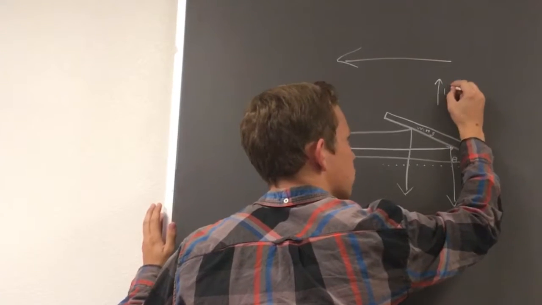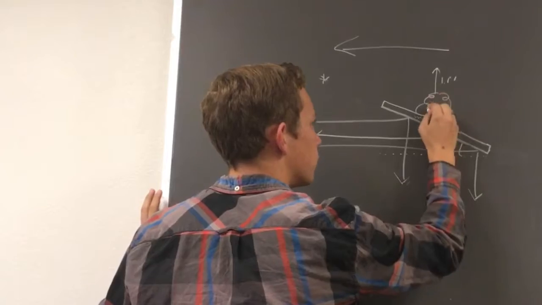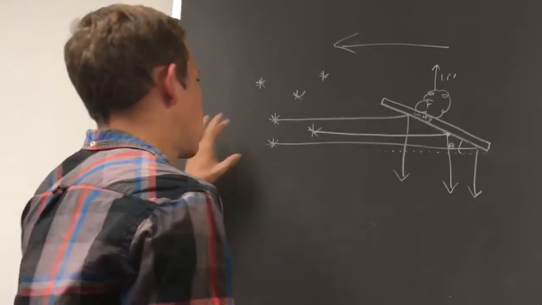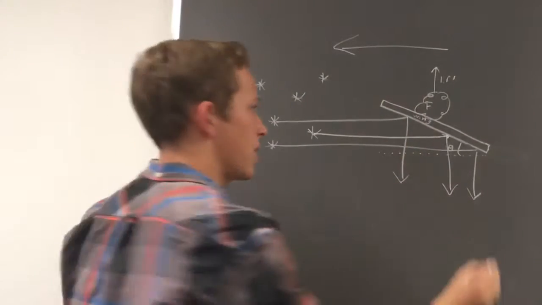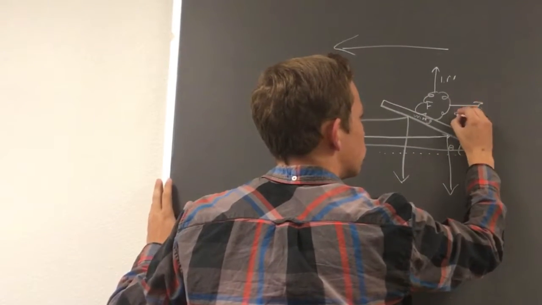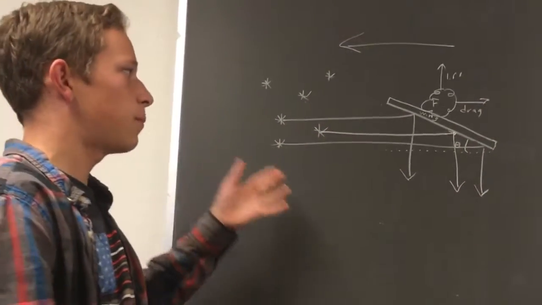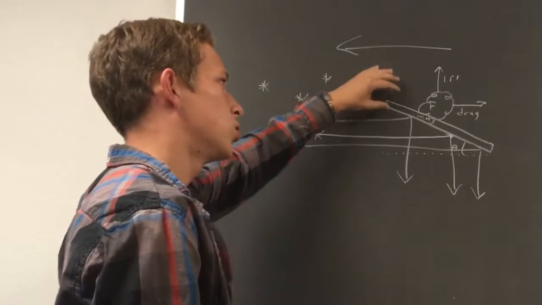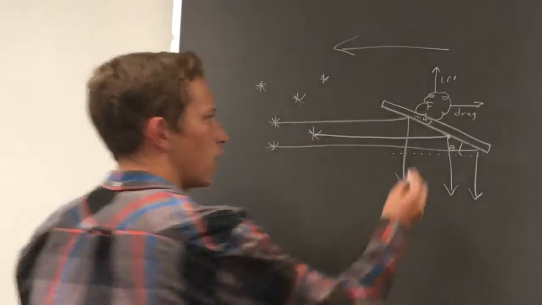This is what generates lift. But at the same time, as it hits the wing, it also creates drag. So you can't just depend on the wing and the angle of attack to get enough lift.